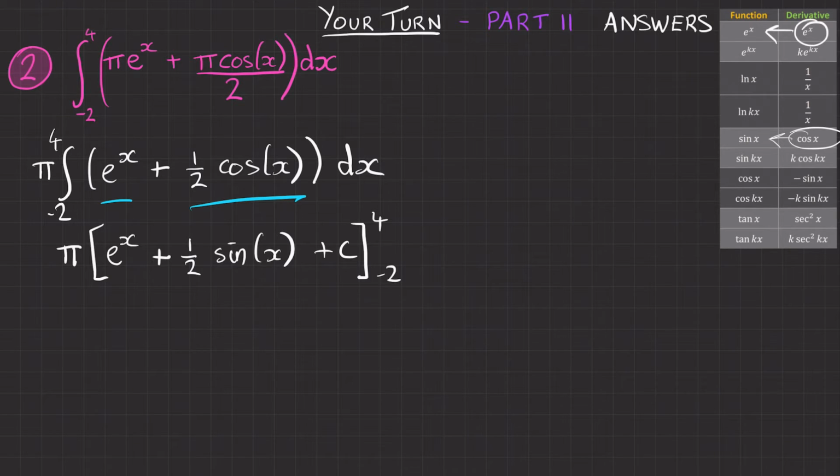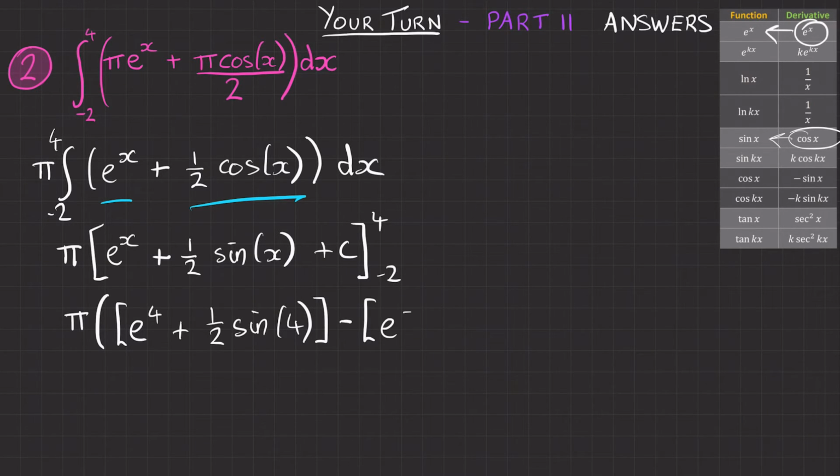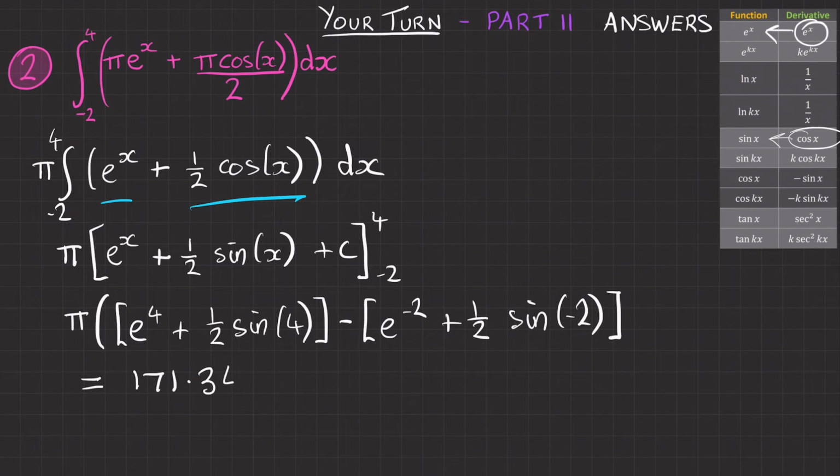At this point you can substitute in the points, so we'll have pi lots of e to the 4 plus half sine 4 minus e to the -2 plus half sine -2. Enter all that into your calculator and you'll end up with 171.3395172 or 171.34 to 2 decimal places.